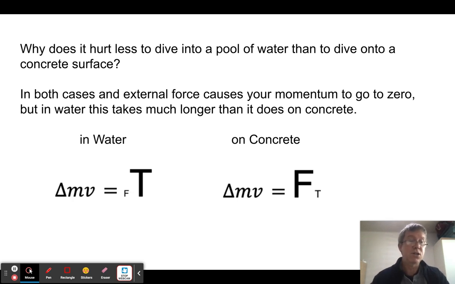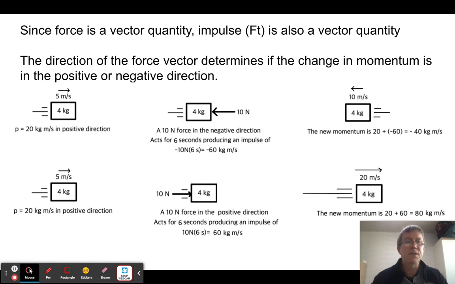On the other hand, if I jump into concrete, I'm going to apply force for a very small amount of time, and therefore it's going to be a much larger force to achieve that same change in my momentum, bringing it to zero from whatever that initial value was. And there's millions of examples of that we're going to look into, like say airbags in cars, trampolines. There's just so many cases of this.